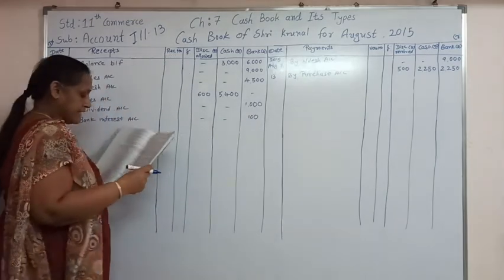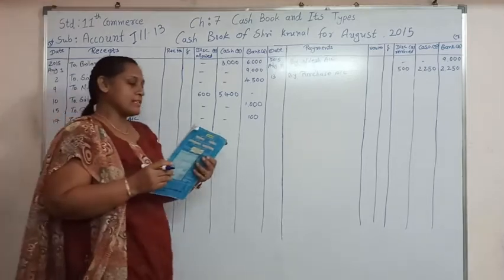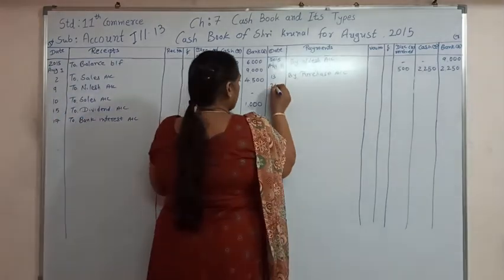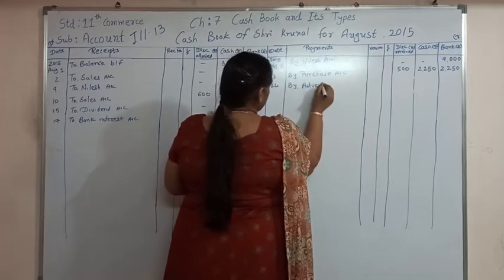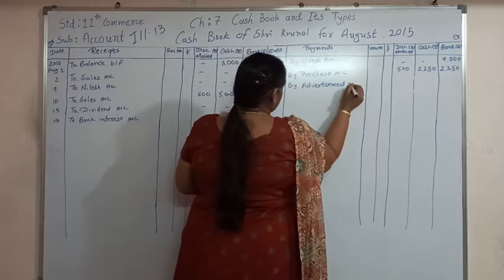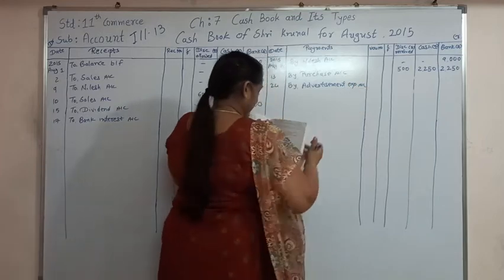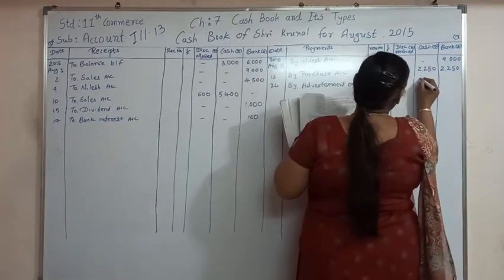Now let's see date number 24, advertisement expense paid by cash. By advertisement expense account. How much? It will be 3,000 that we have paid by cash.